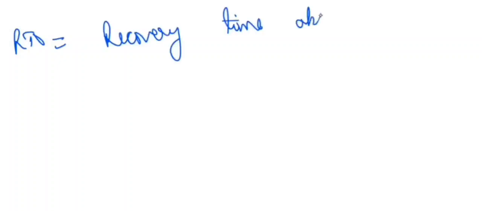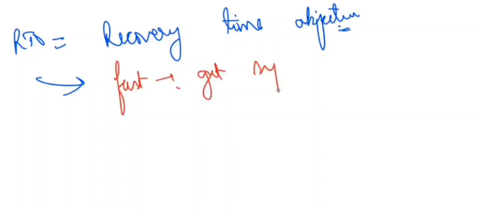So in the context of DRP, let's talk about the RTO. RTO means recovery time objective. Recovery time objective means how fast can we get the system back online, right? That is called RTO. Let's talk about the RPO.